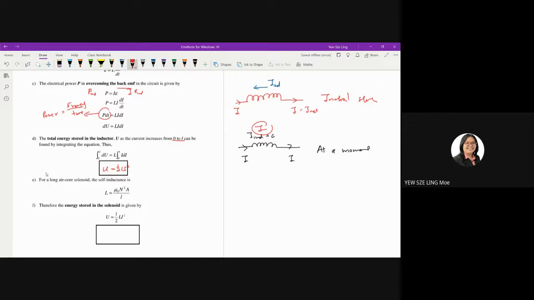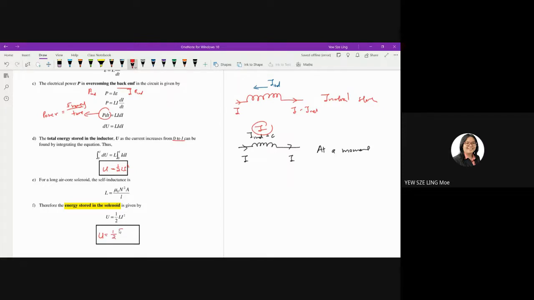So for a long air core solenoid, the self-inductance is L equals mu naught N squared A over l, and then you substitute into the equation. So the energy stored in the solenoid: once again, this equation is not given in the list of formulae.